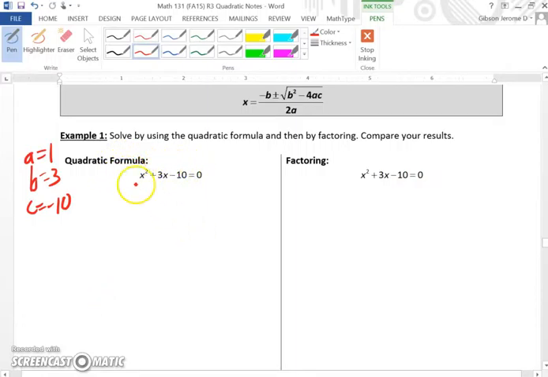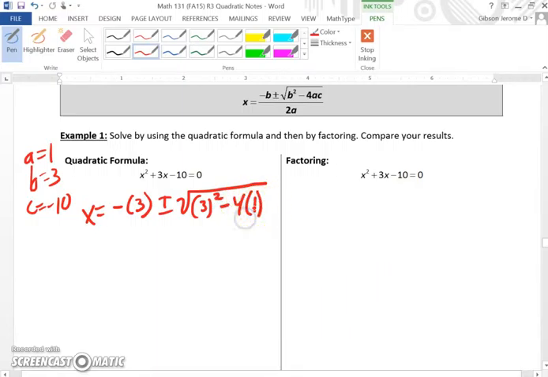Now we want to use the quadratic formula here. So X is equal to negative, and we know B is 3, so it'll be the opposite of B, plus or minus the square root of B, which is 3, squared, minus 4 times A, which is 1, and C is -10.